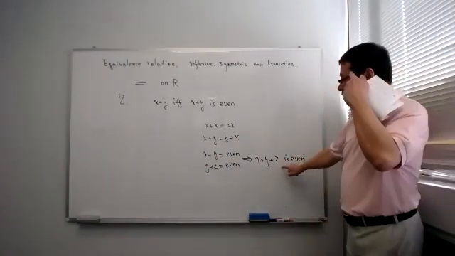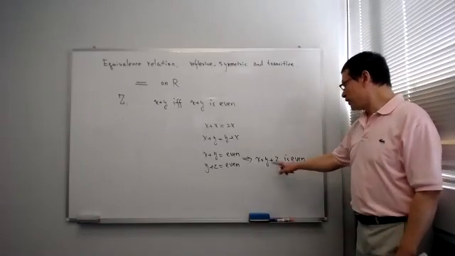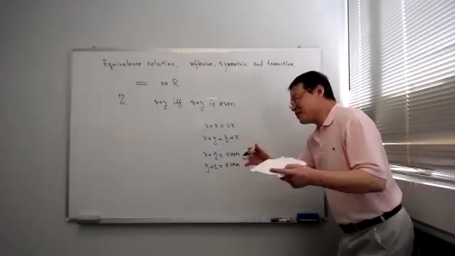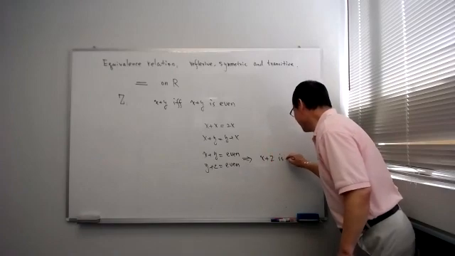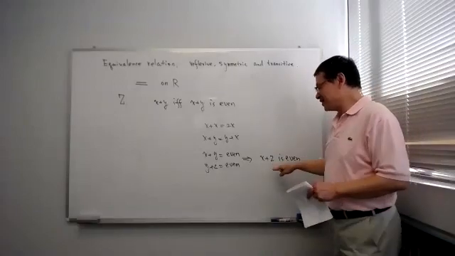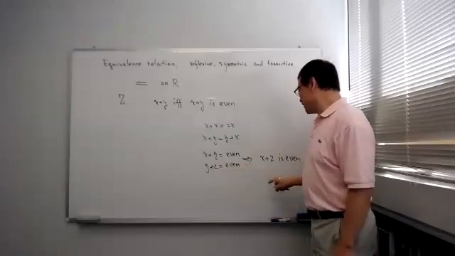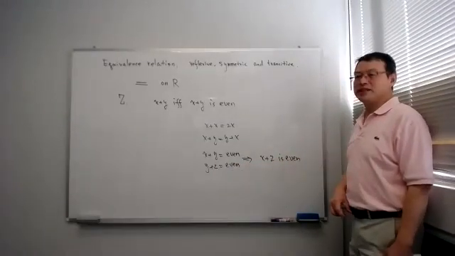So transitivity means this. Sorry, not the sum of these three. We need x plus z to be even. So if x is related to y and y is related to z, then x is related to z.